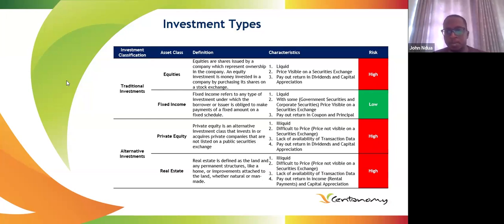Number three, there is lack of availability of transaction data. Remember, on the traditional side, I said you can even go back 5 years and see at what price that particular asset was being bought or sold. For private equity, transactions are private. So it's up to the discretion of those people involved to actually disclose. If they don't want to disclose, it's within their rights.